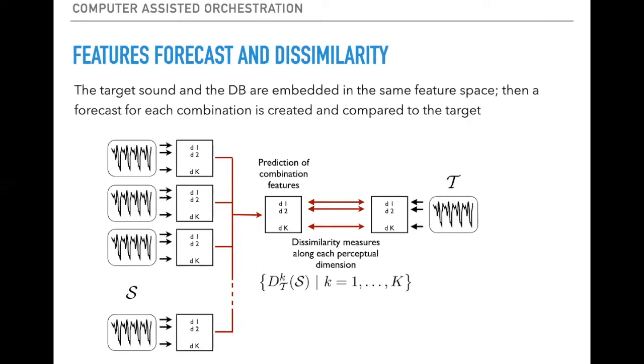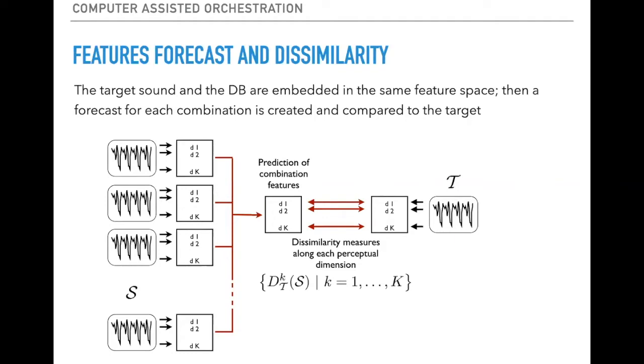And then you make a random combination of these sounds, and you need to find the features of the combination. And in fact, you cannot compute them because you are not allowed to generate the combination and then compute the feature because it takes too much time during the optimization. So what we do is a forecast or a prediction of the combination. That's the first important problem.